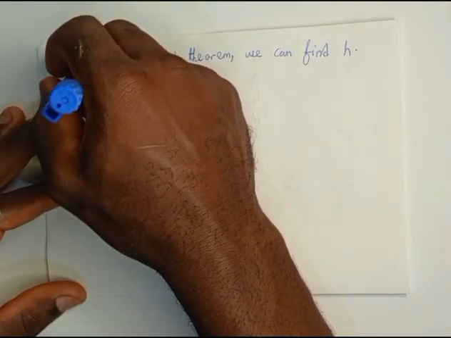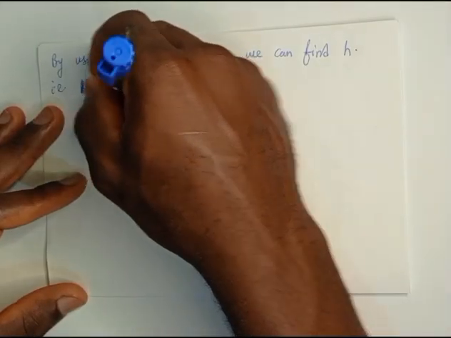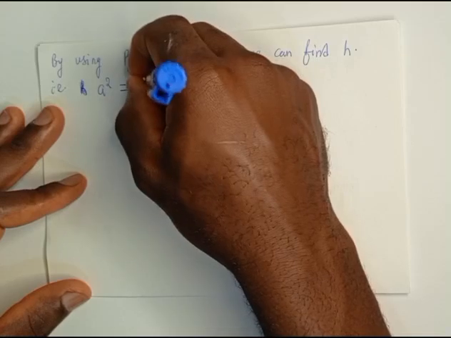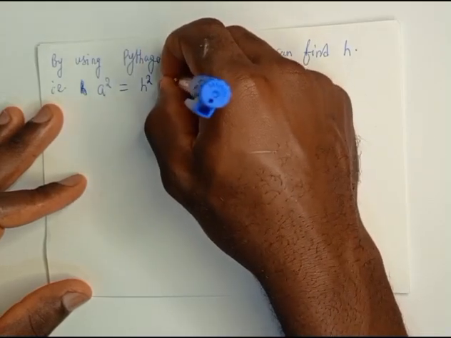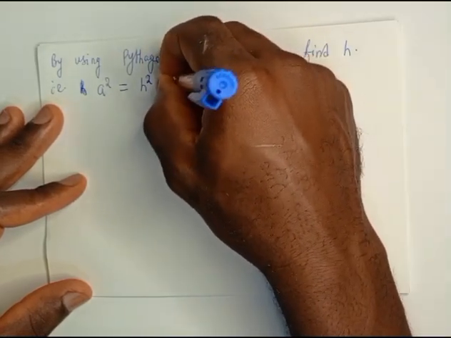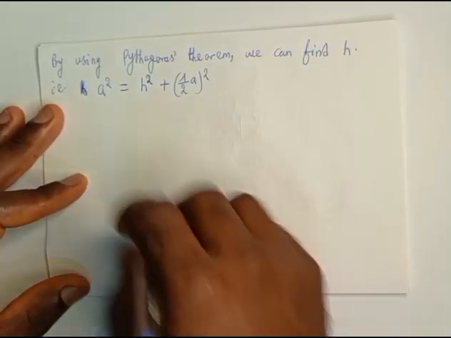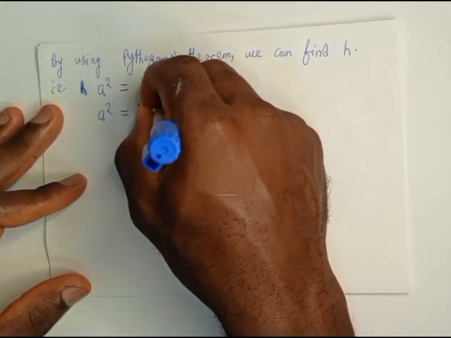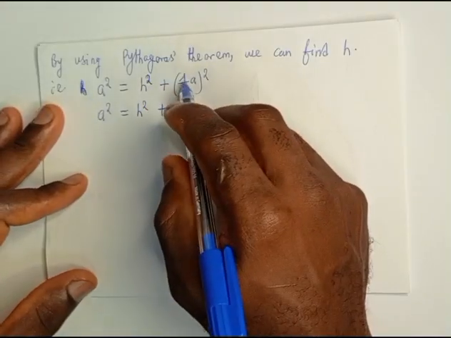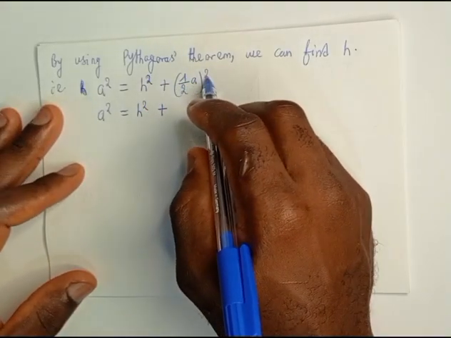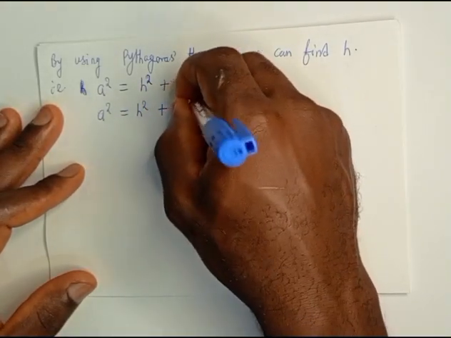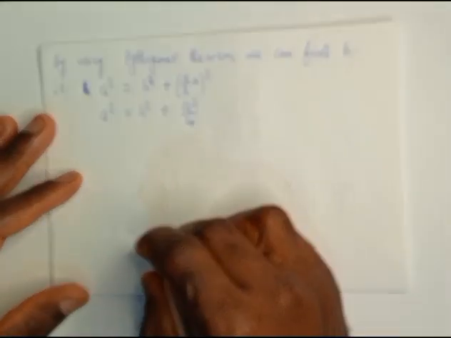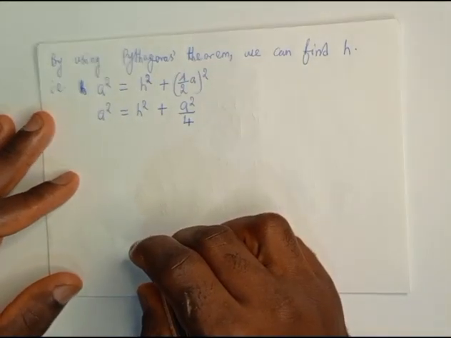A half A all this squared will simply be A squared all over 4. We are looking for H.